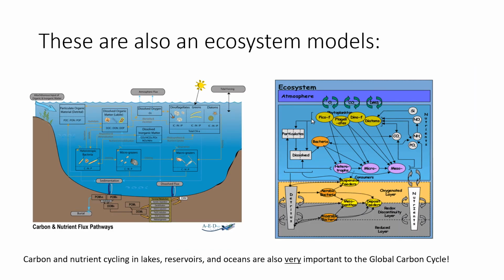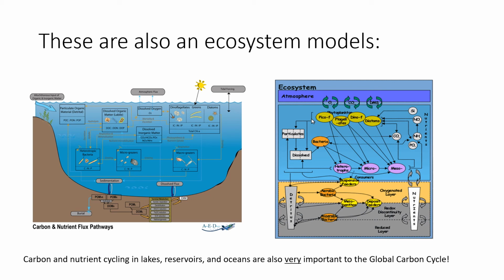These are also ecosystem models. The left diagram is some body of water like a reservoir or a lake. The right diagram is an ocean ecosystem model. So they all have organisms, their environment that the organisms grow in, and cycling of carbon and nutrients between organisms and their environment.